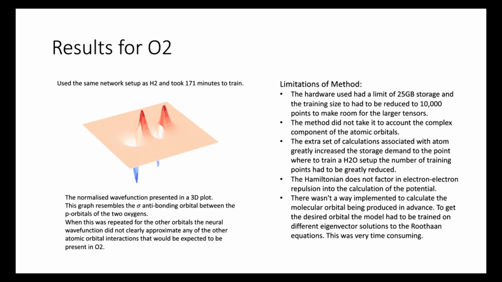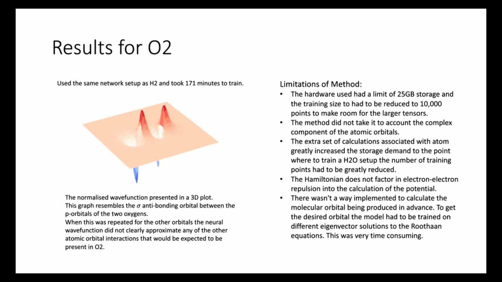There were many limitations that became apparent in the development process. Most notably, there were hardware constraints on memory that meant the training size had to be reduced and the compute time drastically increased. This is why results weren't able to be achieved for the free atom setup as originally intended.